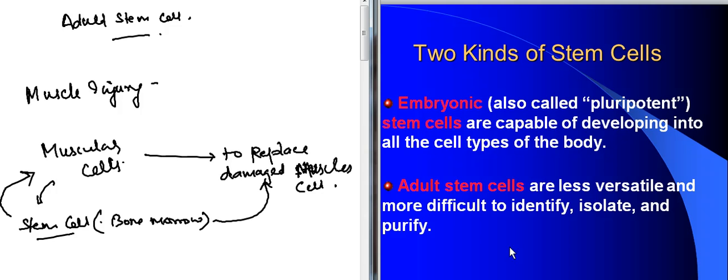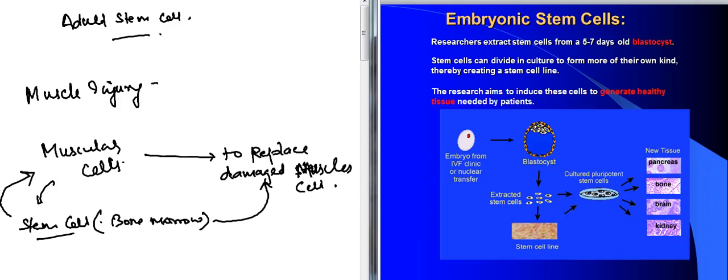Okay, now how these embryo cells are extracted, or how they are not specialized, we can see from here. This is the blastocyst stage. From this stage the cells are extracted and cultured.